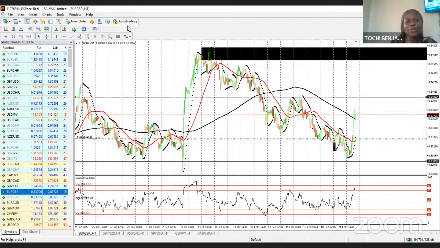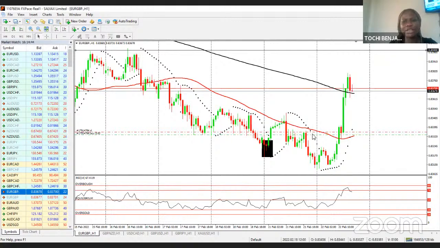So if you've identified that zone as your support or resistance, there must be a psychological value attached to that support and resistance, which you can now use as an individual to define where you're buying or where you're selling or where you're taking profit or where you're exiting the market at a loss, depending on the direction of the market.